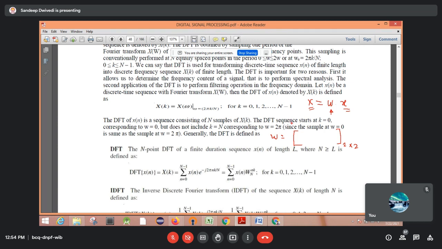Here you can write the range of k. For 2-point DFT, the range of k will be 0 to 1, and in a row you can write the range of small n, which again varies from 0 to 1.